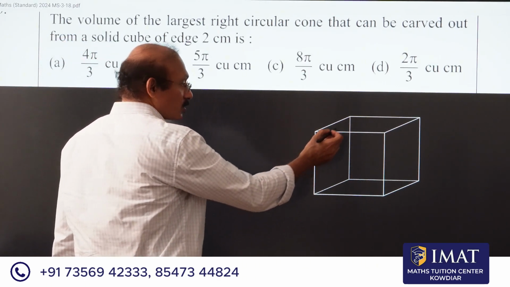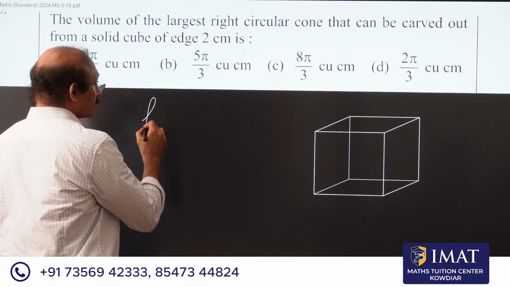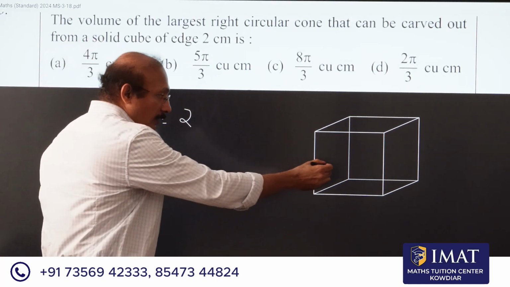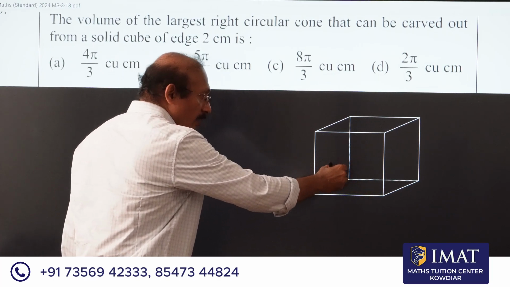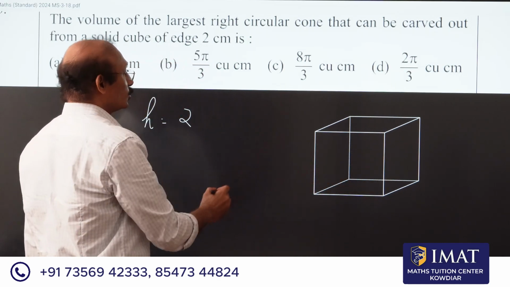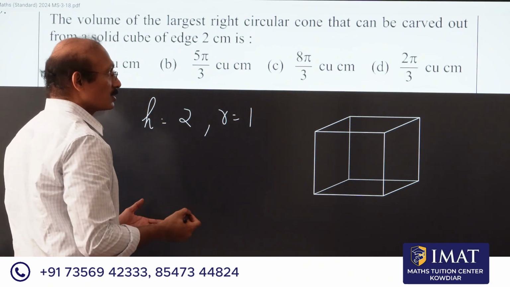So when you take the largest cone, it is clear that the height of that cone will be nothing but the edge of the cube, which is 2 centimeters. And the diameter of the base of the cone will be also 2 centimeter, or in other words, the radius will be 1 centimeter.